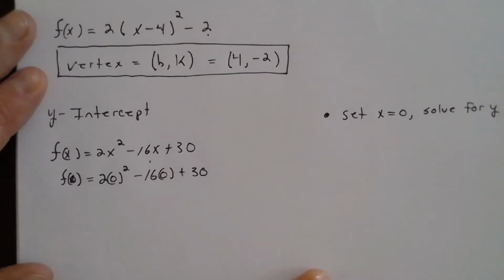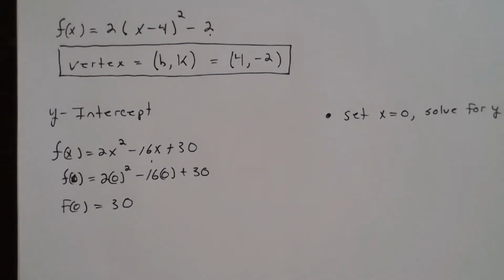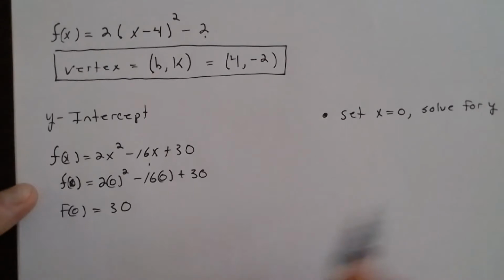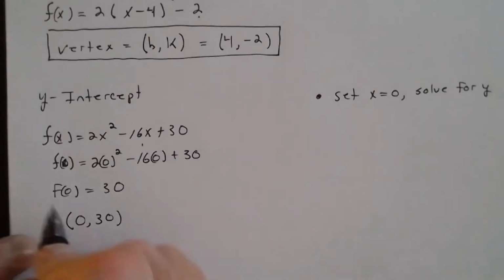So I plug 0 in for x. And we have 30. And so our y-intercept is going to be 0 and 30.